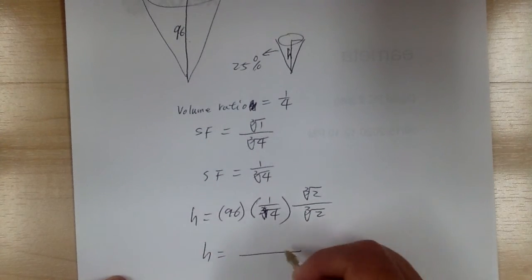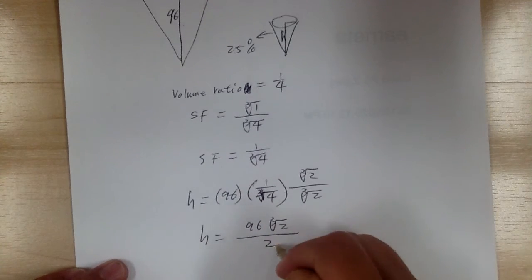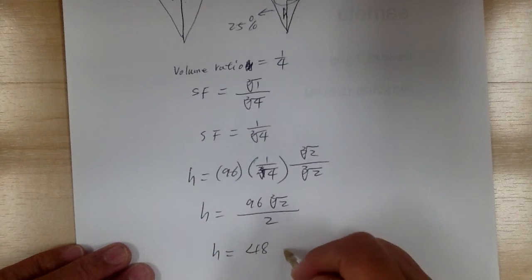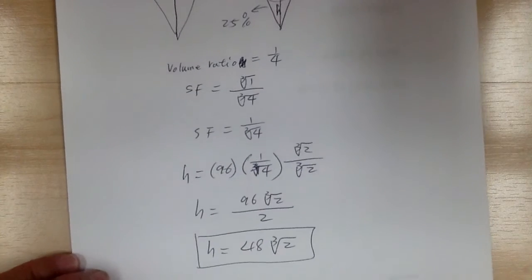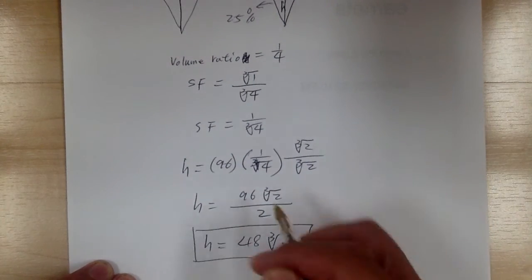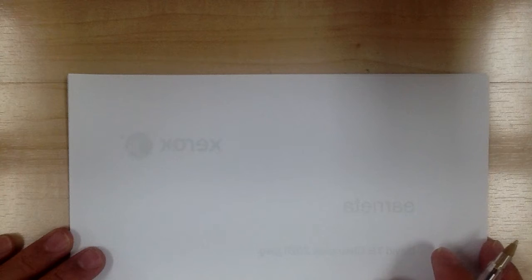So the height will equal 96 cube root of 2 over 2. And you simplify, so h will equal 48 cube root of 2. You don't even need to bother to figure out the volume at all. Just use the scale factor, it's a lot easier. Let's go to 324.